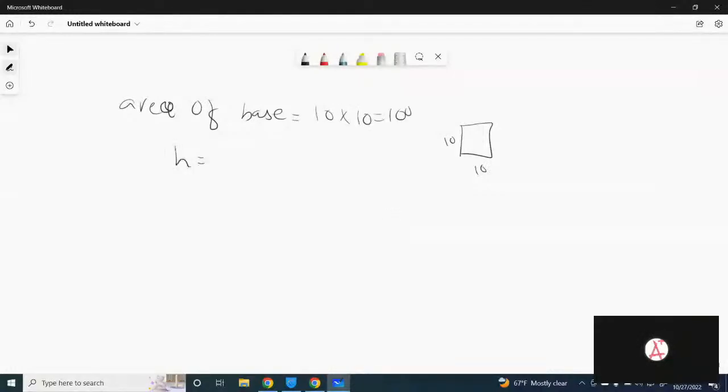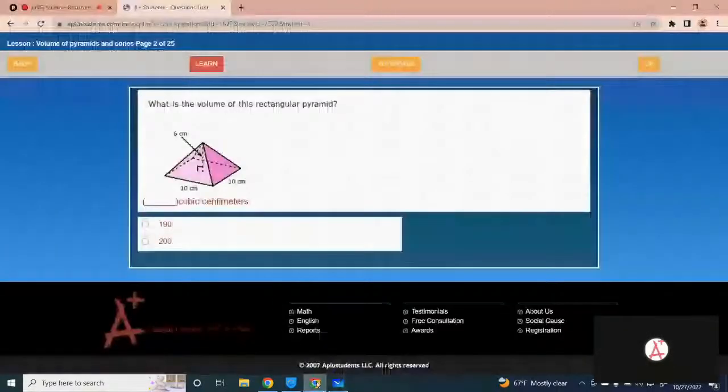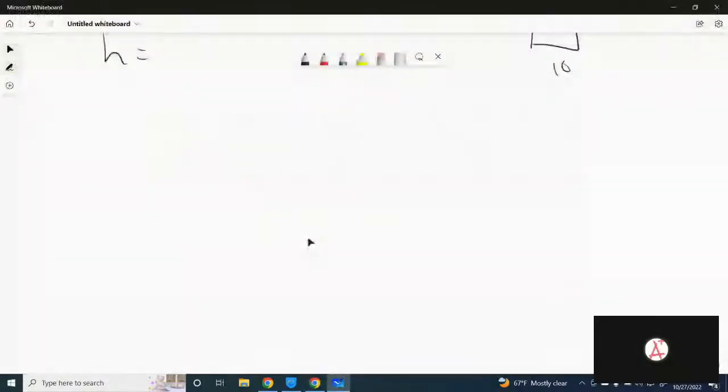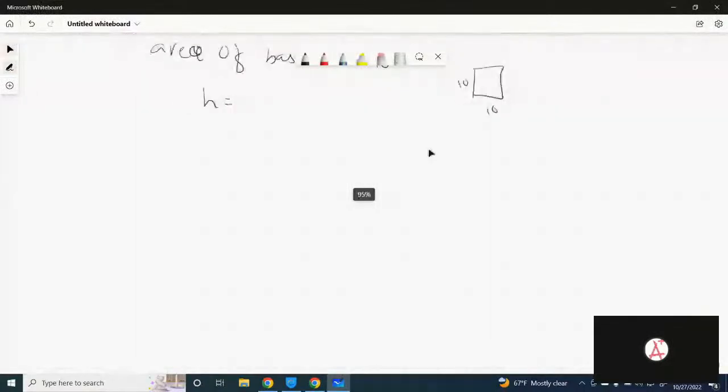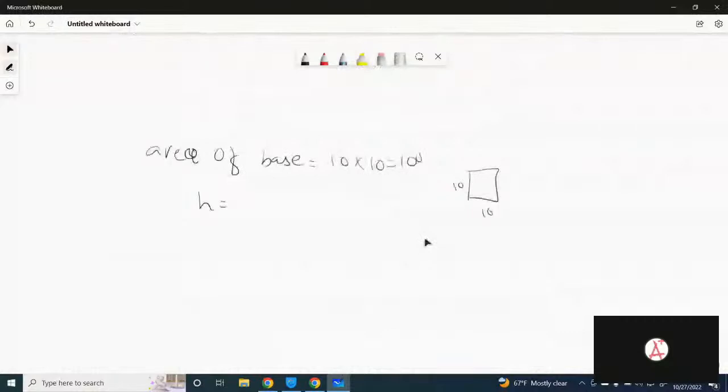The height of the pyramid is 6. Now we have to use the formula to find the volume, that is V equals 1 by 3 times the area of base times height.